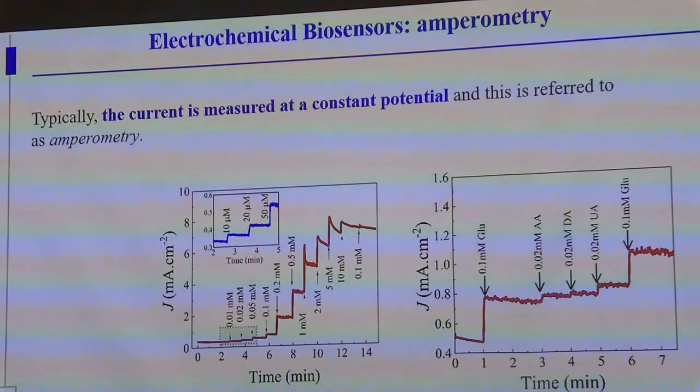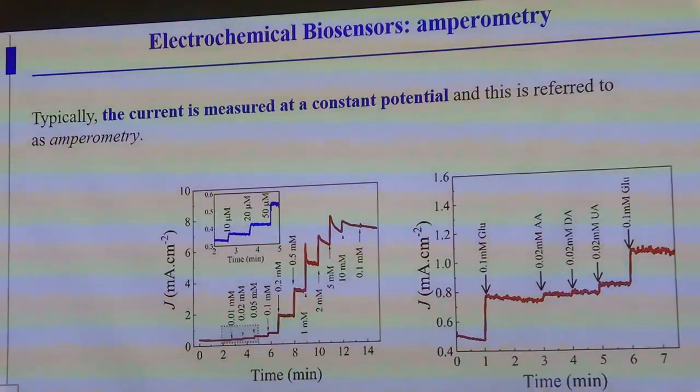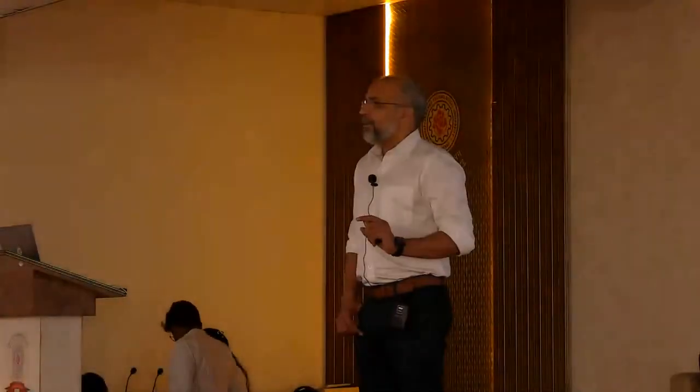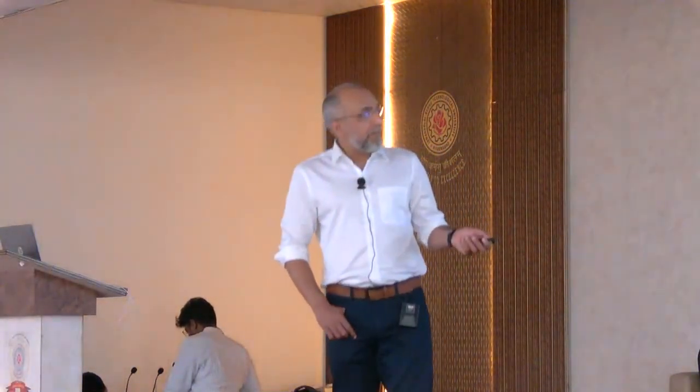Here is another example, also an amperometry experiment. On the Y scale you have current density and on the X scale time, and you keep your potential constant. For sensing, there is one very important thing here: the Y scale is current density.